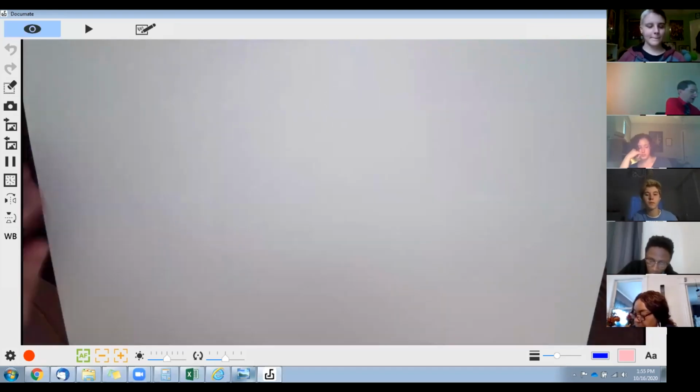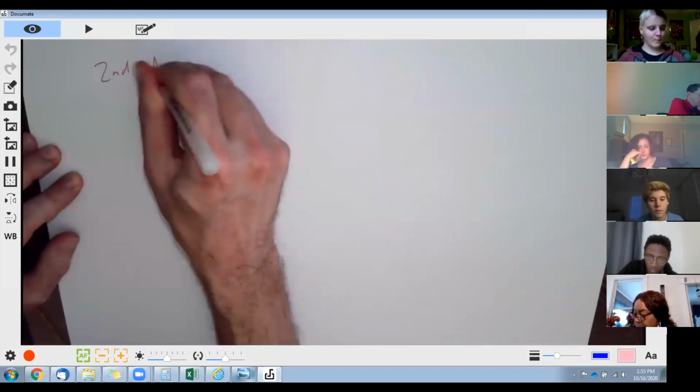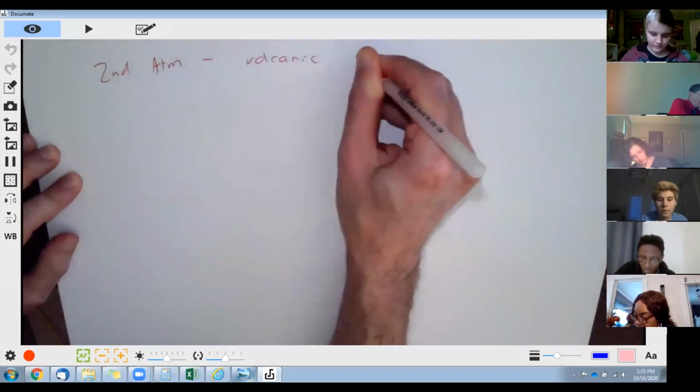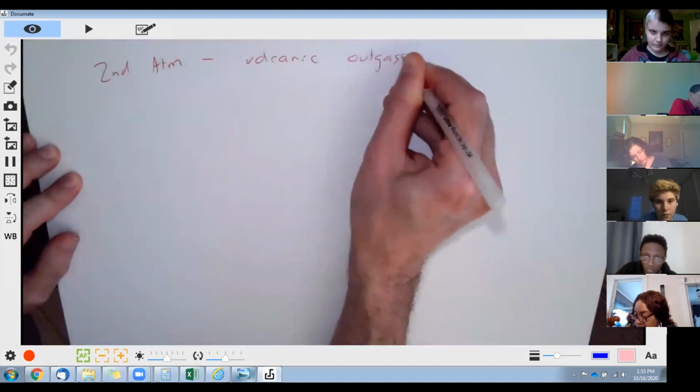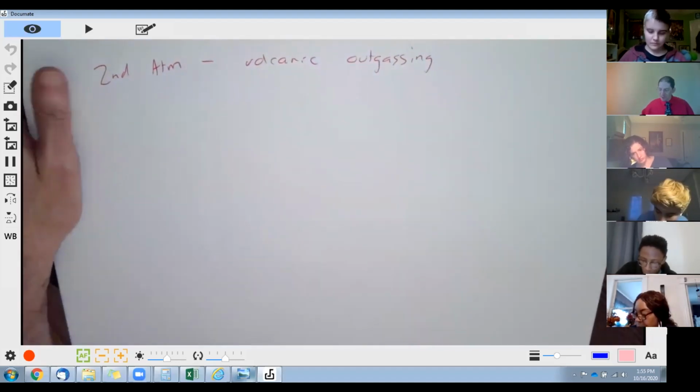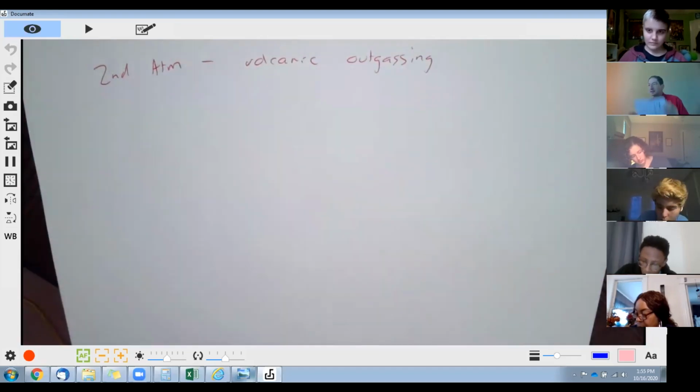And so our second atmosphere comes from volcanic outgassing. And it's pretty much the same stuff. Some of it modified a little bit. A lot of these gases and things, when they're trapped under the earth, they go through chemical reactions. So let's see what comes out.